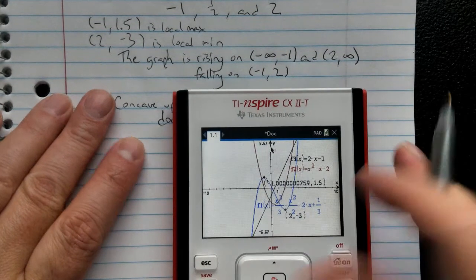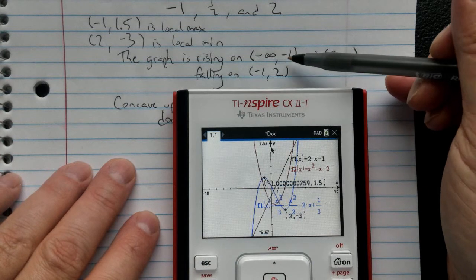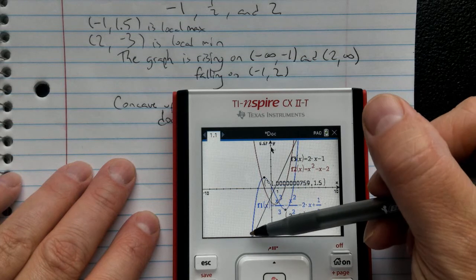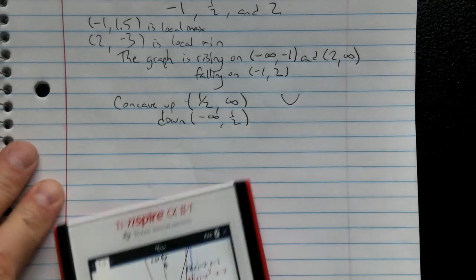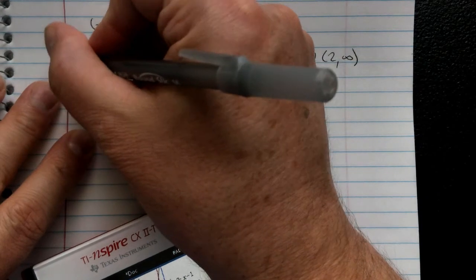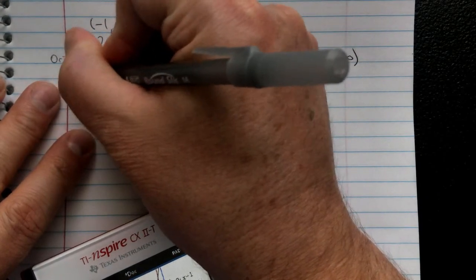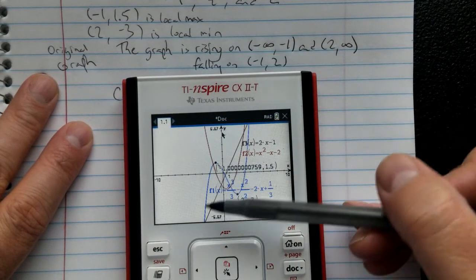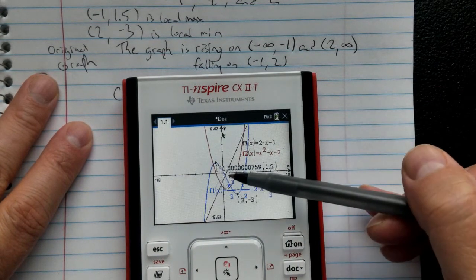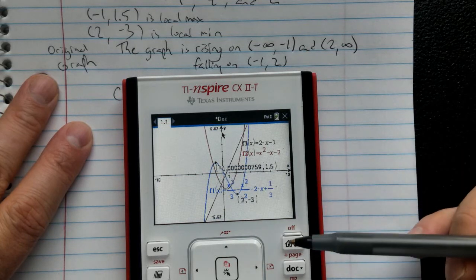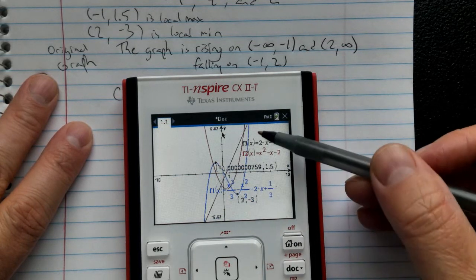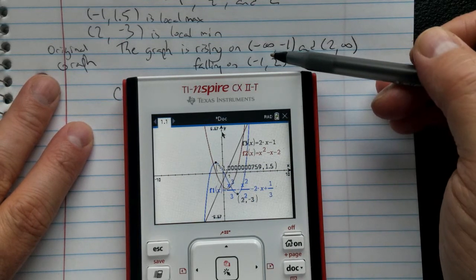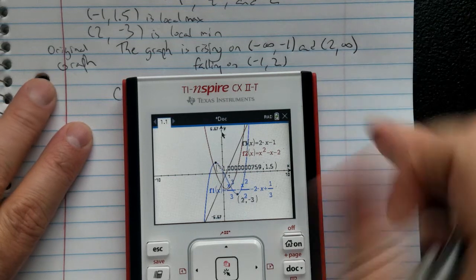Okay, so then it's rising from -infinity to -1. So talking about the original graph, the original graph is rising from -infinity to -1, talking about the x values, and then also from 2 to infinity, and it's falling in between. So that part is pretty much self-explanatory.